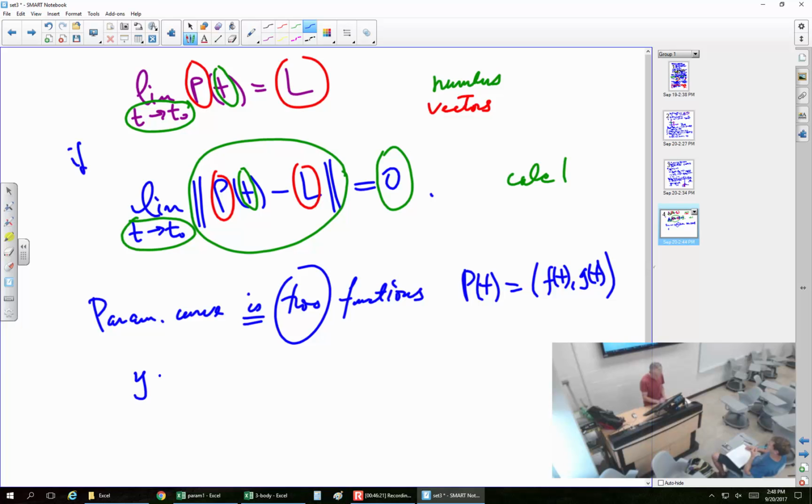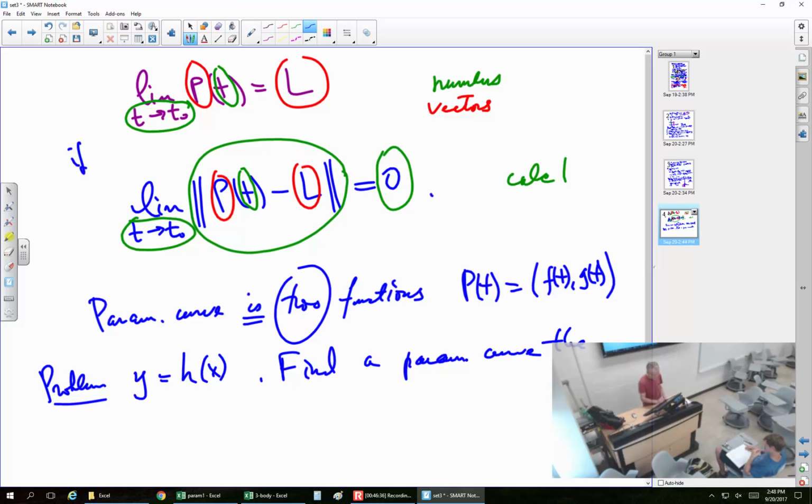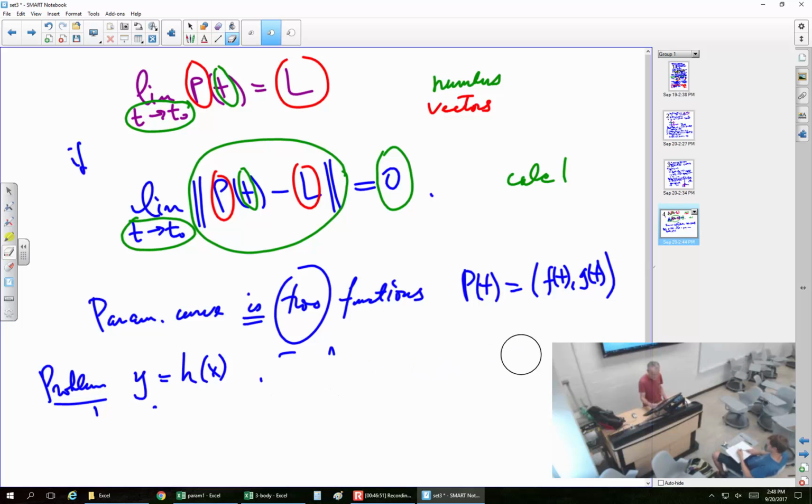I go with, say, y is equal to h of x. So the problem: find a parametric curve, well, parameterize its graph.